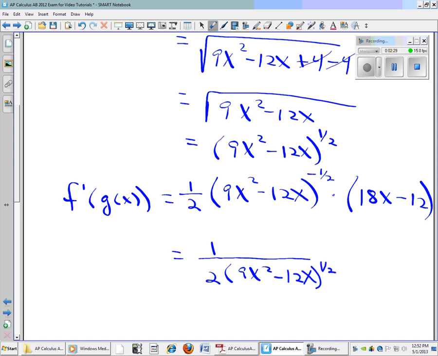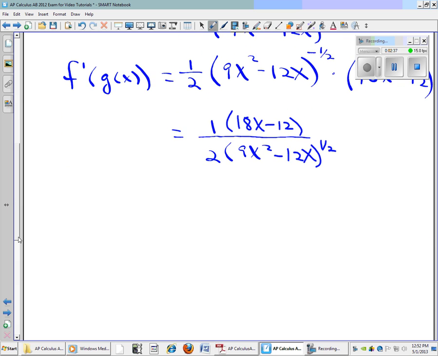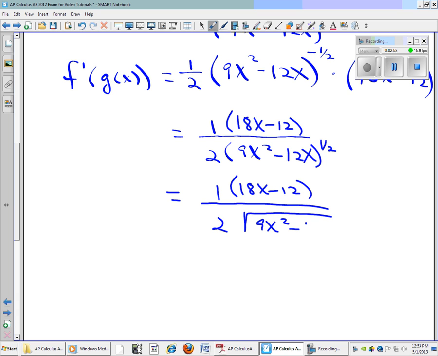I still have in the numerator 18x minus 12. Next, let's change that fractional exponent back to a square root. And so we'll have 1 times 18x minus 12 over 2 times the square root of 9x squared minus 12x.